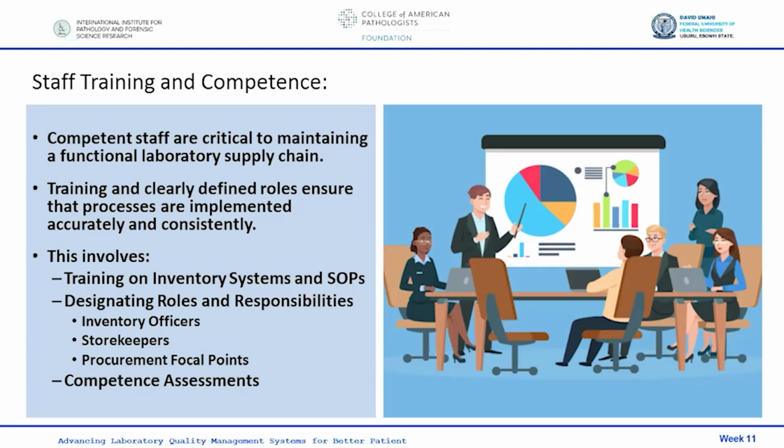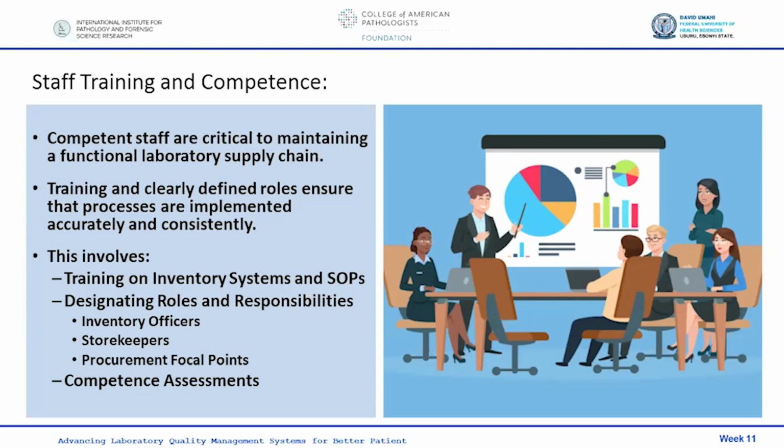Another one is designating roles and responsibilities to staff. Examples of roles or responsibilities they can assume is inventory officers. These are the people that oversee the stock levels, they conduct audits, and they flag potential shortages or expiries.